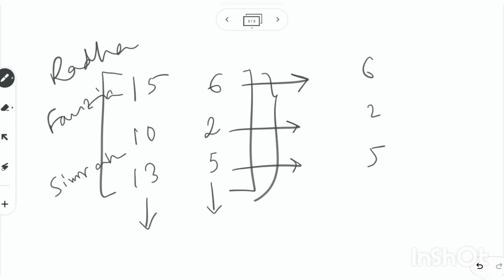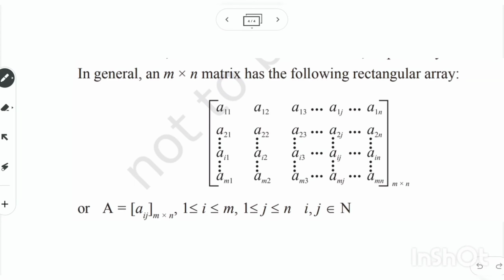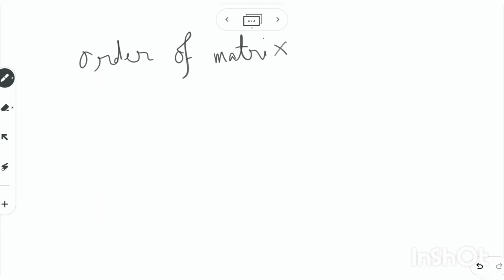Now let's move to the next topic. Here's also in your book definition 1, the order of a matrix. So what is the order of a matrix?